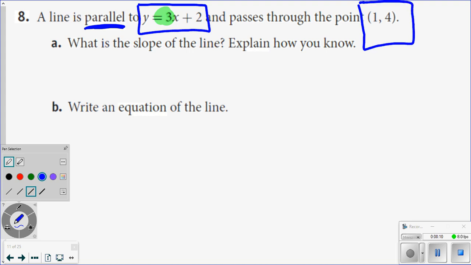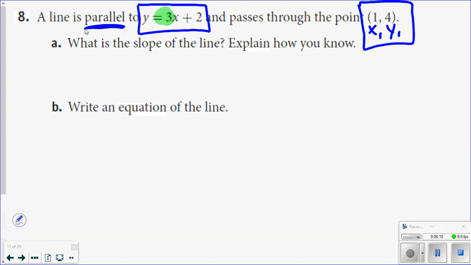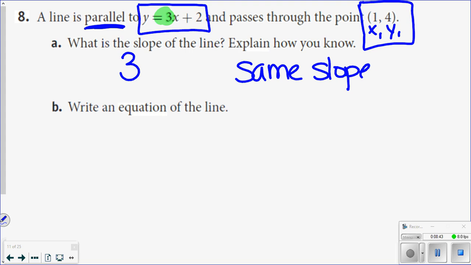Ooh, let's label this point x1, y1. So what's the slope of the line above that I highlighted in green? 3. Good. And what's the slope parallel to that? It's exactly the same. Good. It would also be 3. How do we know? Since it's parallel, it has the same slope. Perfect.